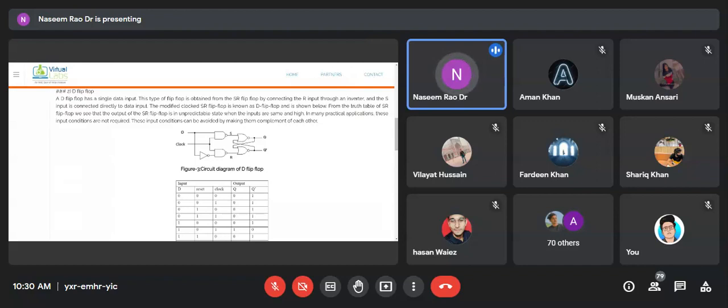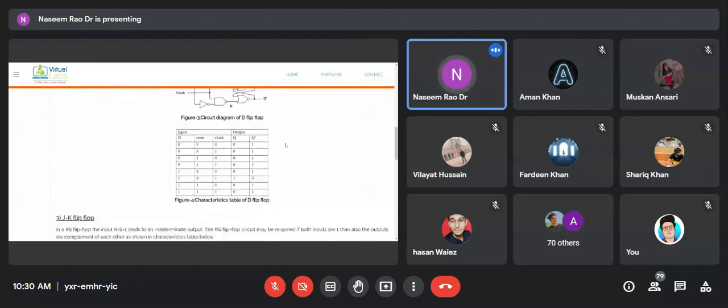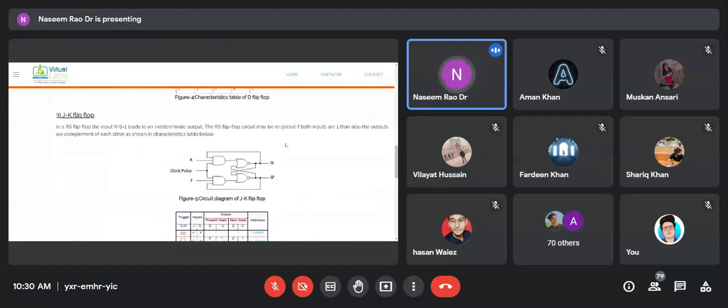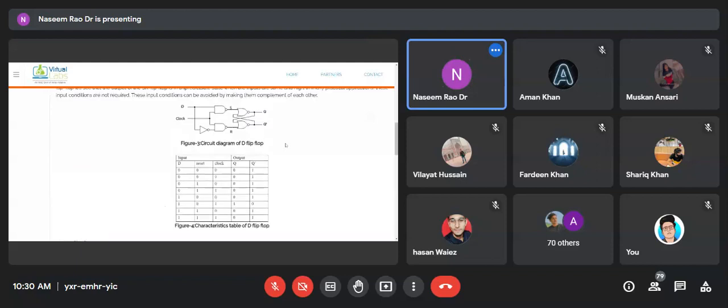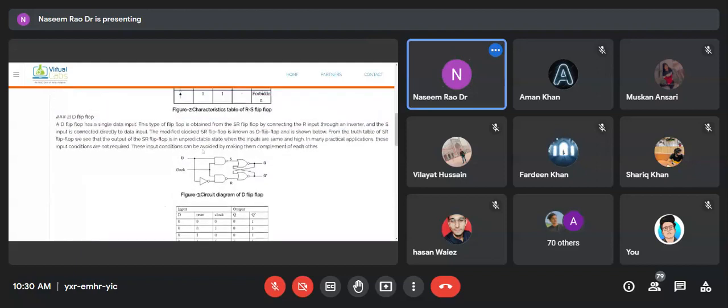So basically, the theory portion you also know. The modified clock pulse SR flip-flop is known as the D flip-flop, as shown below. From the truth table of the SR flip-flop, we see that the output of the SR flip-flop is an unpredictable state when the inputs are the same and high.